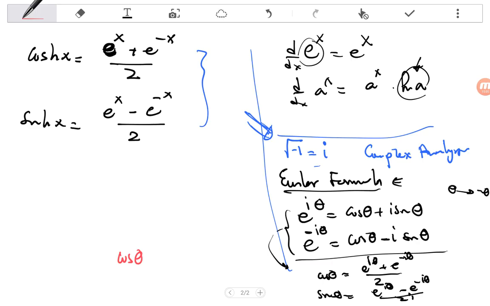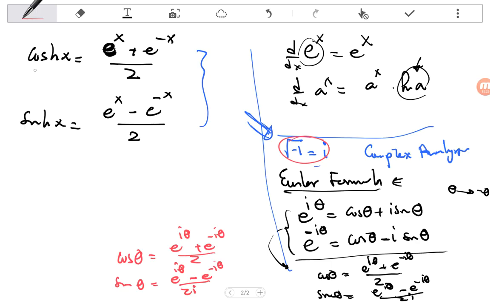They are related to each other, and the sine with the exponential, but in terms of the definition for the root of minus 1. Cosine theta is just equal to e power i theta plus e power minus i theta over 2, and sine theta is just e power i theta minus e power minus i theta, but over 2i instead of 2.